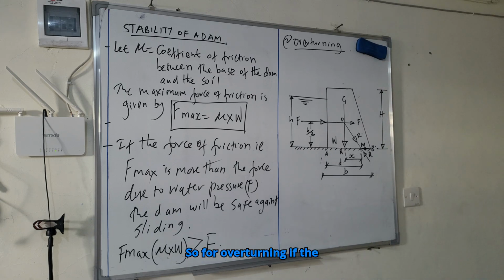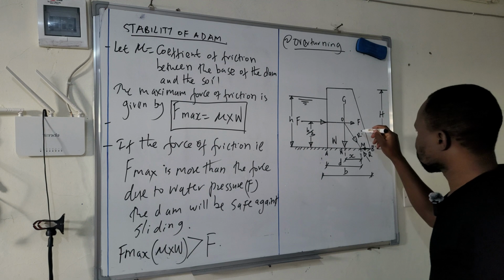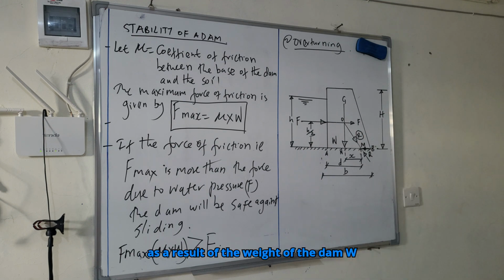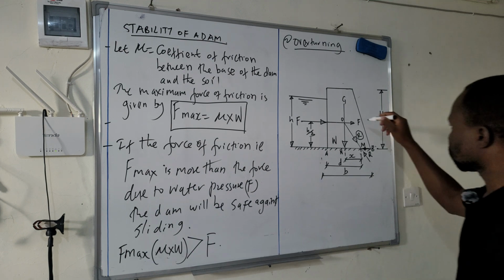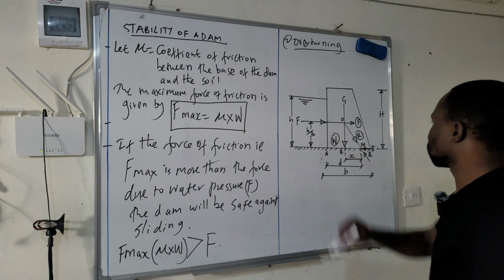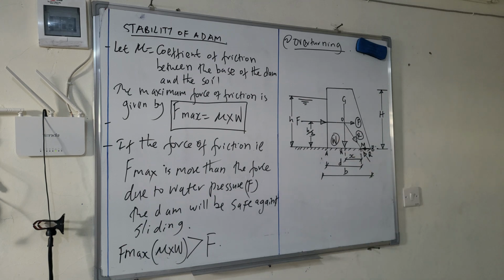For overturning, if the resultant R of the weight W of the dam and the horizontal force F due to water pressure strikes the base within its width, the point M lies within the base AB, there will be no overturning of the dam.